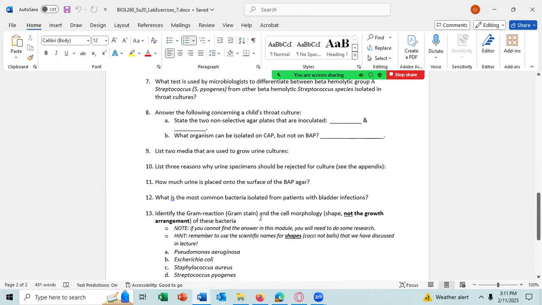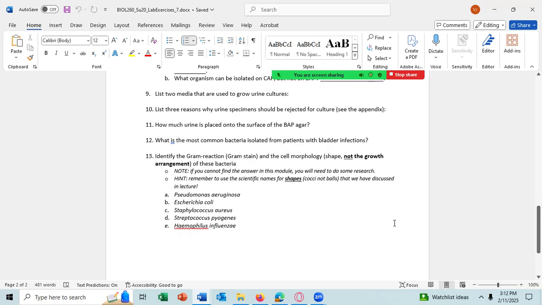And then 13, identify the gram reaction, what's the gram stain, and the cell morphology, the shape, not the growth arrangement of these bacteria. A, Pseudomonas aeruginosa, B, E. coli, C, Staphylococcus aureus, D, Streptococcus pyogenes, and E, Haemophilus influenzae.